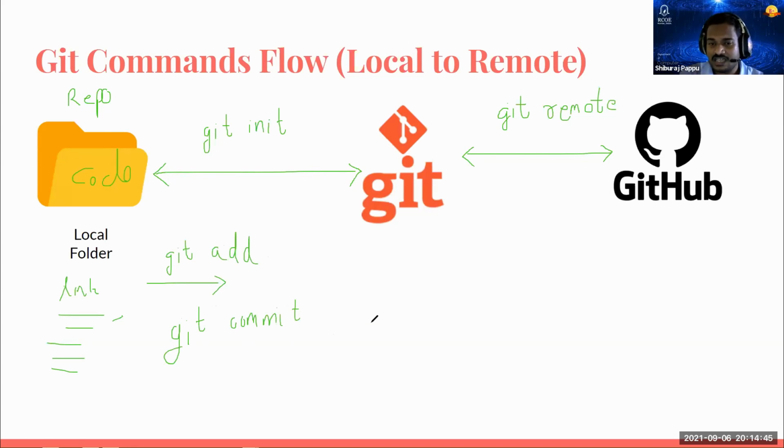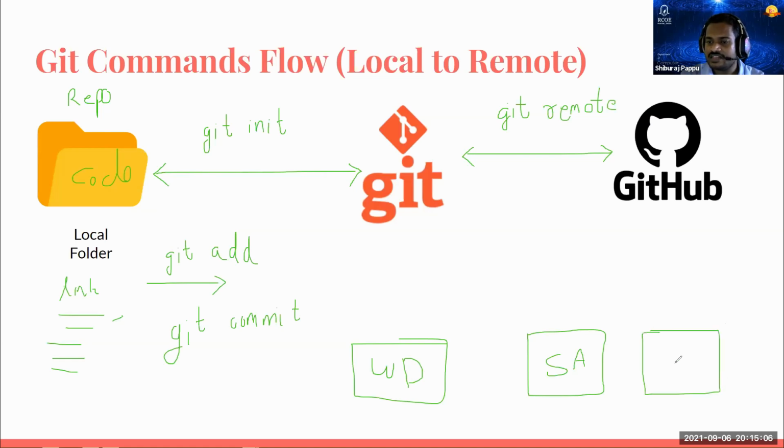Now, what is the staging area? Actually there are three areas. This is your working directory, WD. This is where you are actually typing the code. Then there is a staging area, SA, and finally this is the .git.